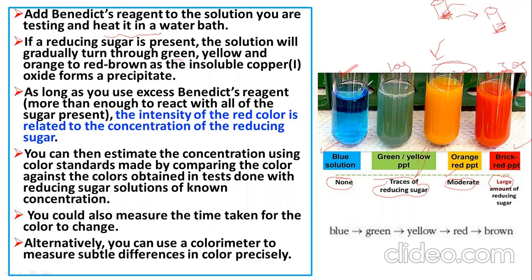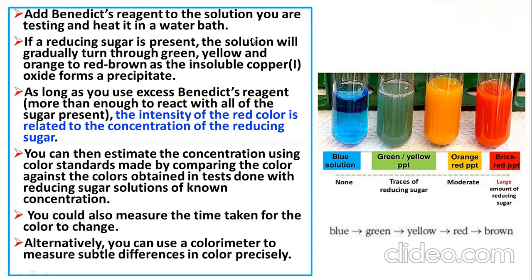So in order to improve your experiment, a better way to do color judgment is by colorimeter. It's a device that shows you the color intensity, whether the color is less or more. That is the best method to check such experiments in which you are comparing colors. Am I clear?